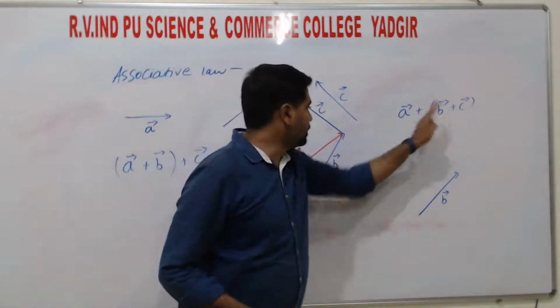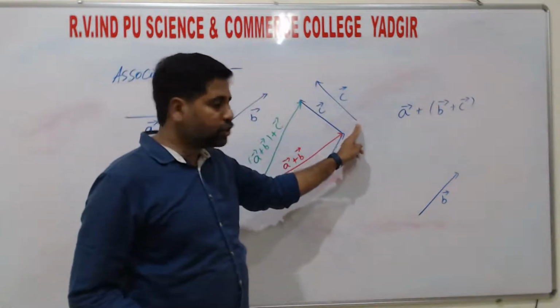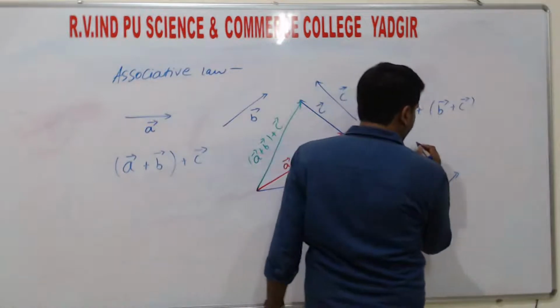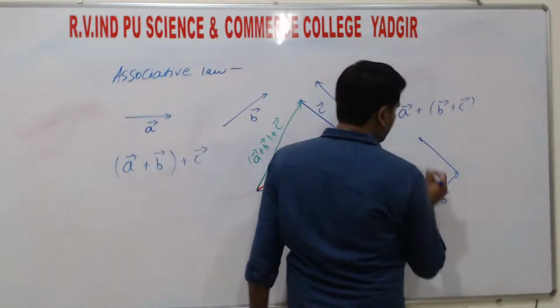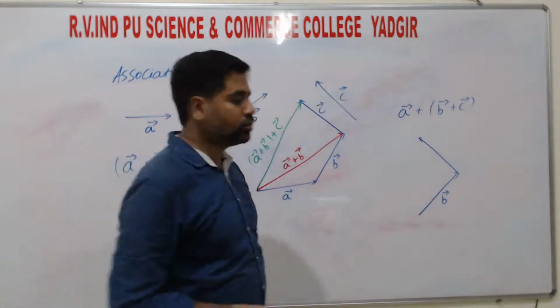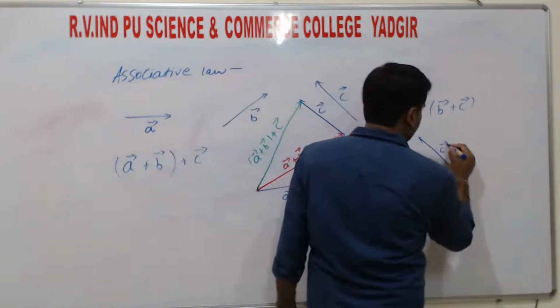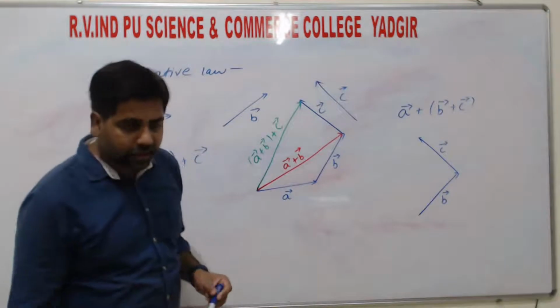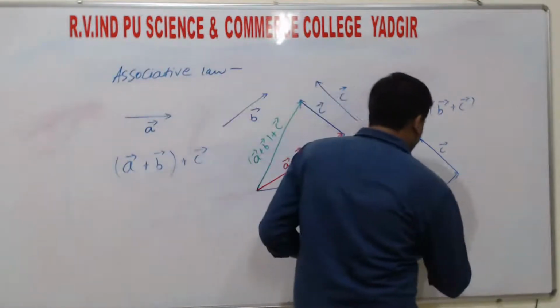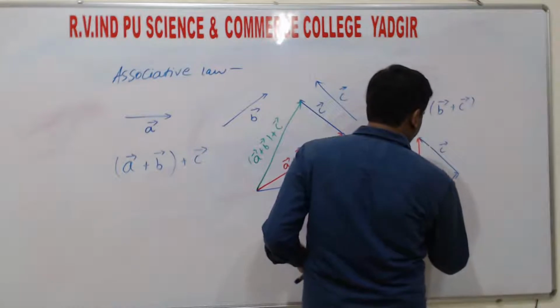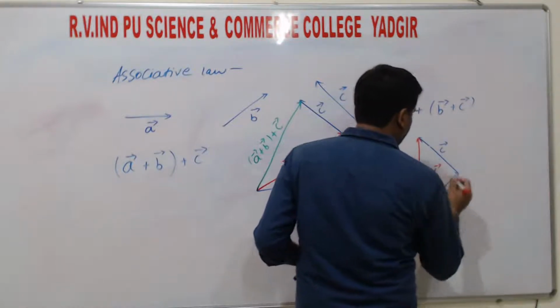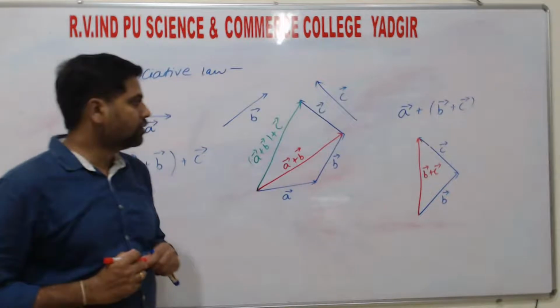To add the vector C, the tail end of this vector is joined with the head end of this vector. So this one is the vector C. The resultant of these two vectors is given here, that is vector B plus vector C, right?